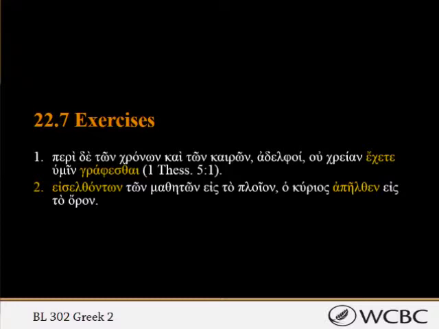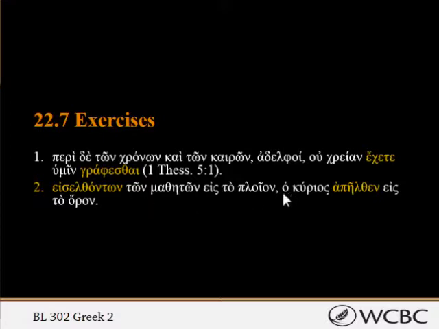So as we translate that participle, we would say that we understand this as an aorist participle. So we want to use a temporal clause with this. So we'd say something like after the disciples, ton mathetōn, after the disciples entered into the boat.